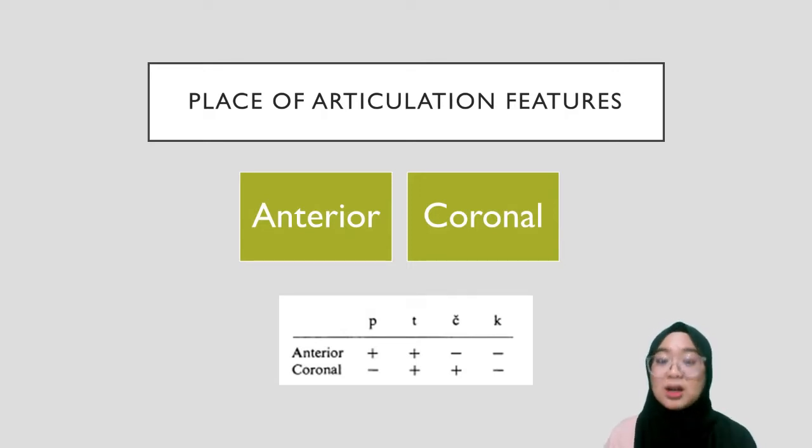Well, it is coronal, for the articulator, or non-coronal. Okay, so for example, there is P, T, C, and K. P is anterior, T is anterior and coronal, C is only coronal, and K is not anterior and also not coronal.